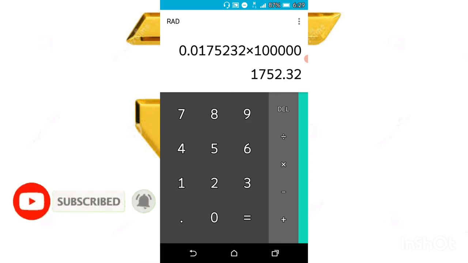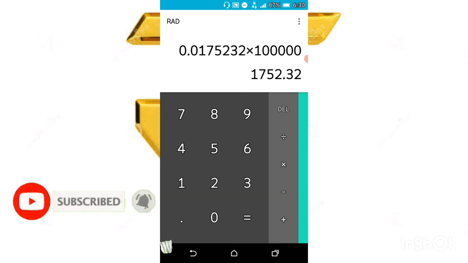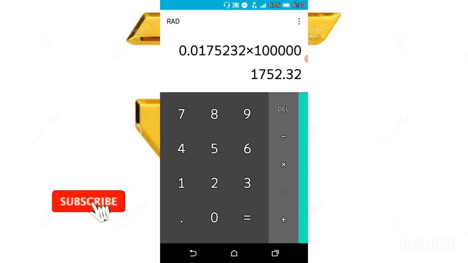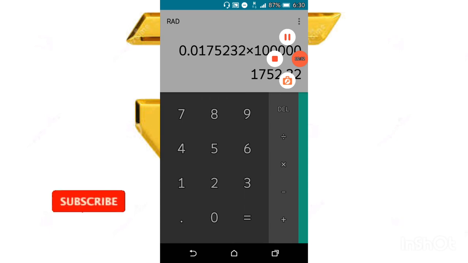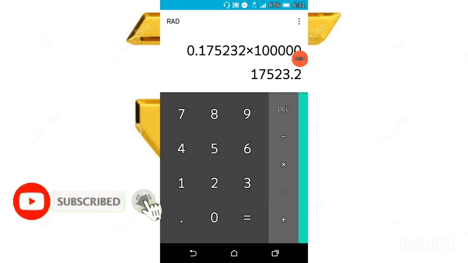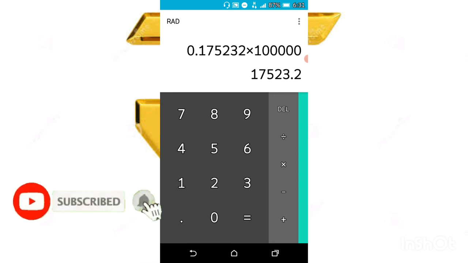Our price is 70,052 naira. If I remove this point, it's still the same thing.